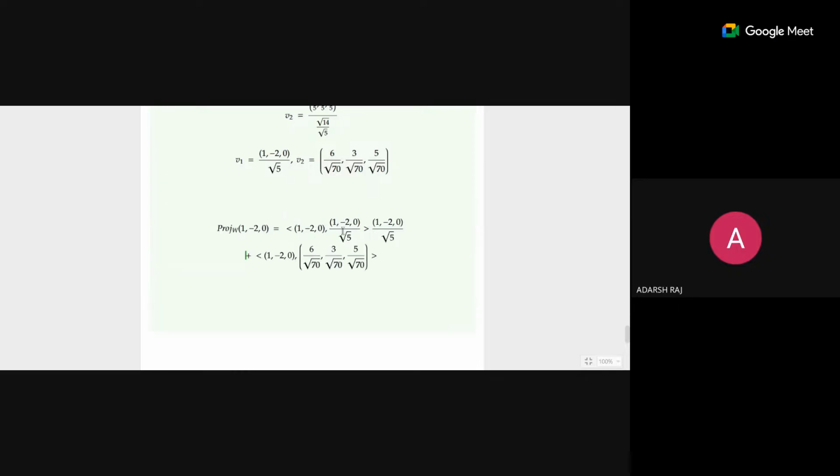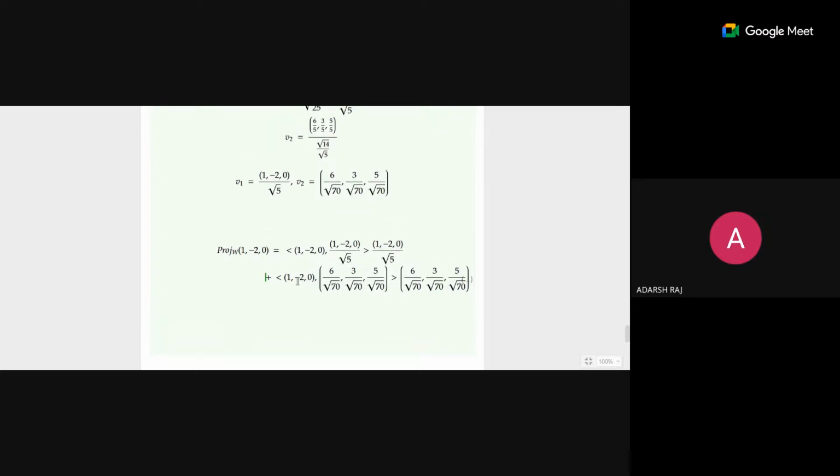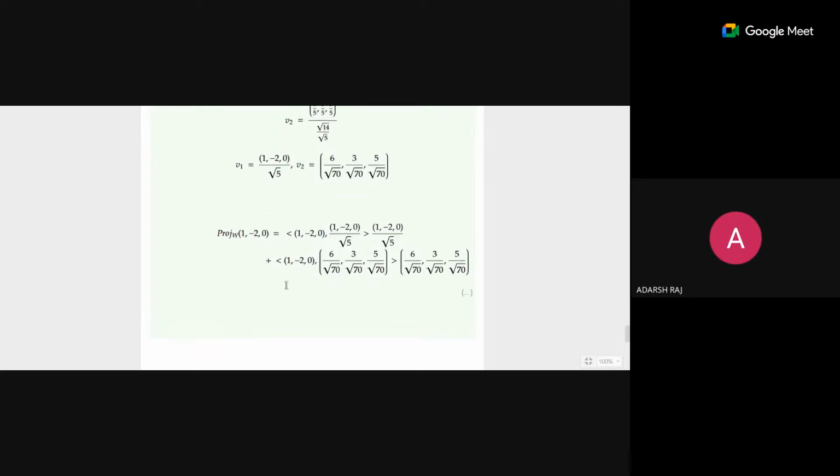You got this? This is the formula, right? You just apply the formula here. Any doubt here? Now just solve this.